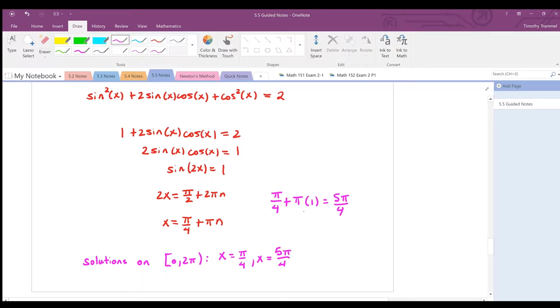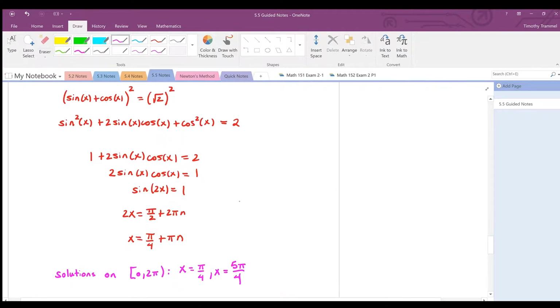And then if we move up to n equals 2, the result is going to be bigger than 2 pi, because we already have a 2 pi in there, and then we're adding pi over 4 to it.